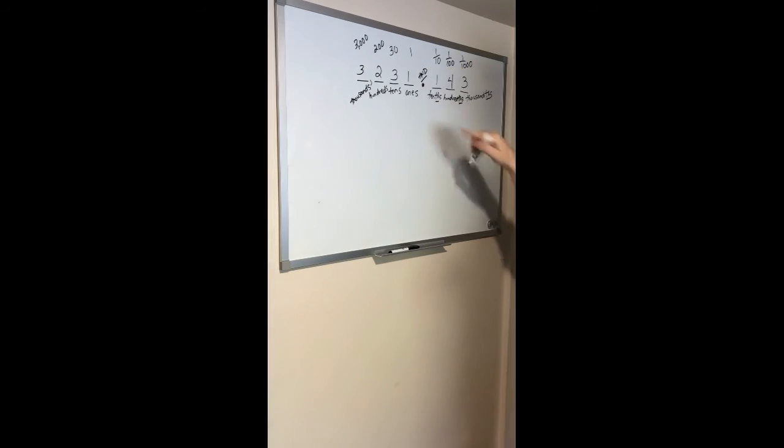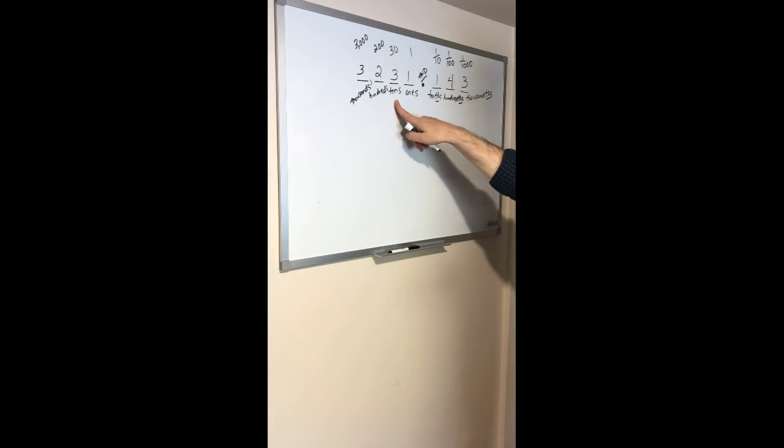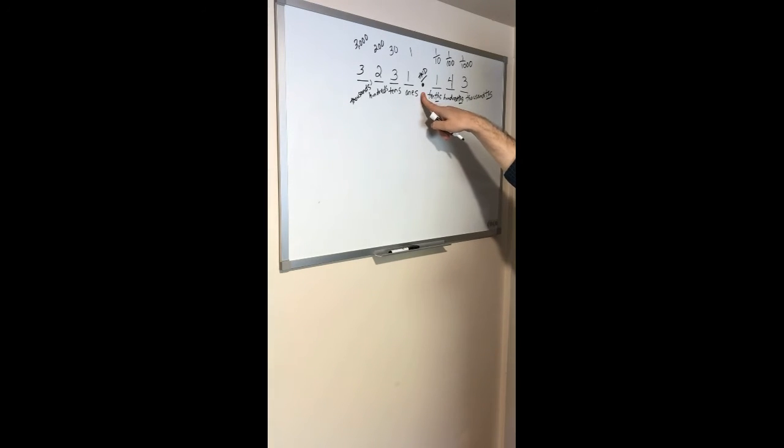Every time I see that decimal point, I think and. So 3,231, and then I just say this number, 143 thousandths. So that's how I would write it.